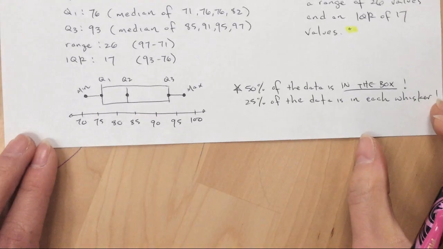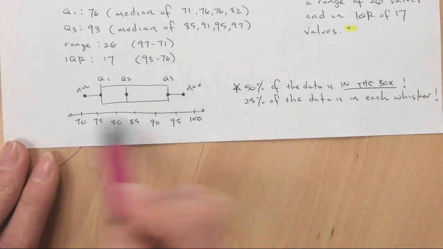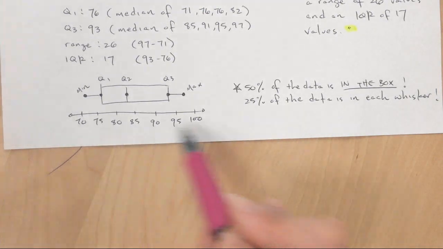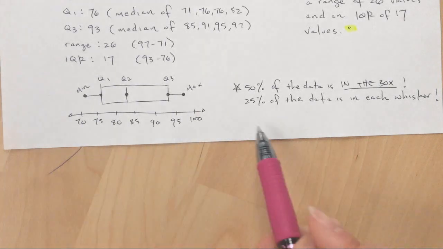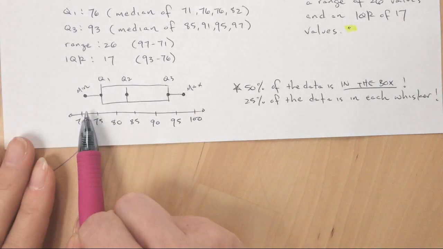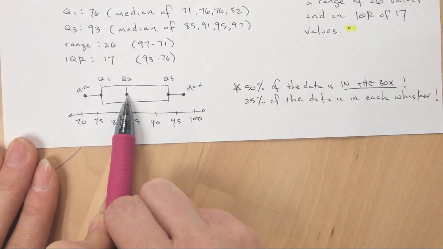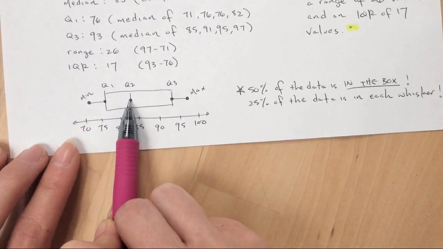Okay, so when you draw it, you have to draw some sort of number line, and you have to go by 5s, go by 10s, go by 1s, whatever you're going to go by, okay? And then you want a min, you want the max, you want Q1, Q2, Q3. Q2 is literally the median, so that's Q2, okay?